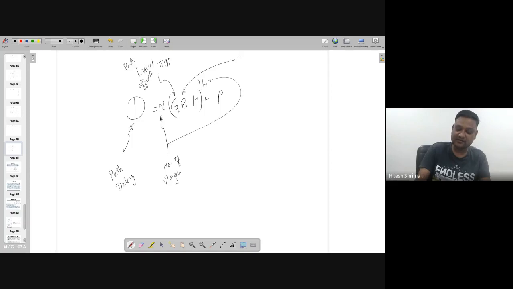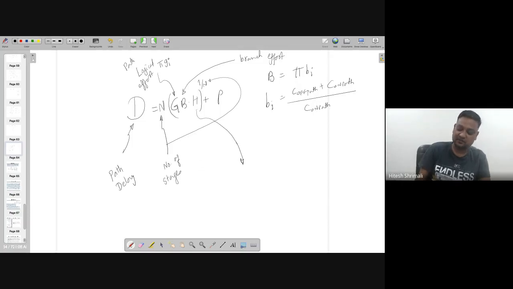B is the branch effort, which is equal to the multiplication of all such branches, where Bi is equal to C off path plus C on path, divided by C on path. We'll use this, and then you will understand.